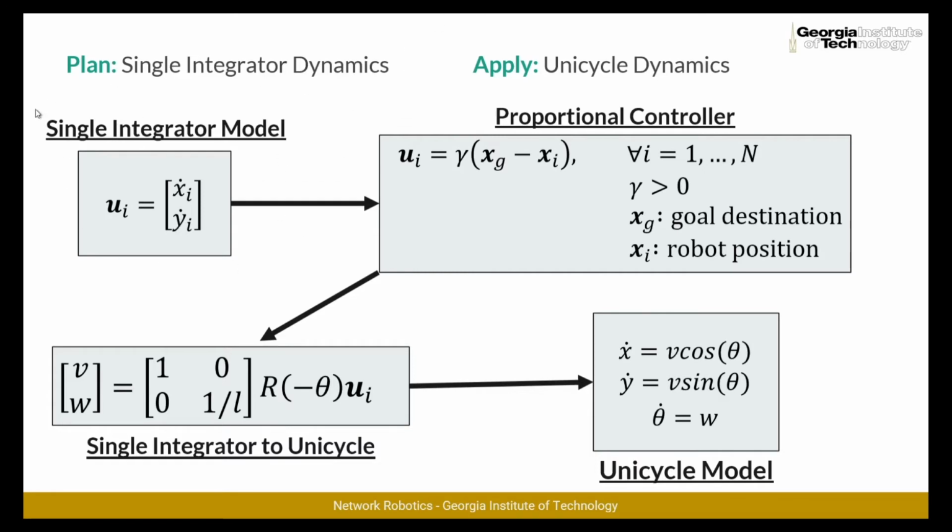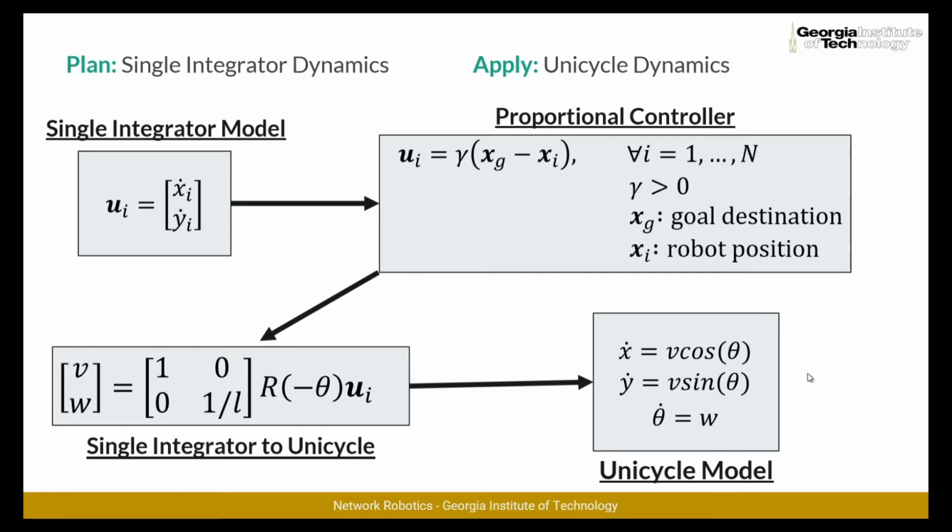With our single integrator model, we will plan how our robots will move using our proportional controller. Once our proportional controller produces a velocity command we would like to follow, we're going to use our near-identity diffeomorphism, or our single integrator to unicycle transformation, where we take our single integrator command, multiply it by these two matrices, which will produce a unicycle command, a linear velocity and an angular velocity, which we can feed to our robot to have it follow these single integrator commands as best as it can.